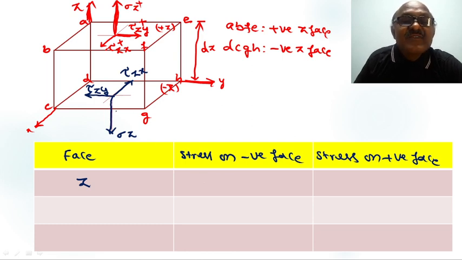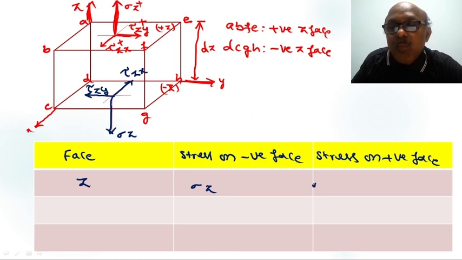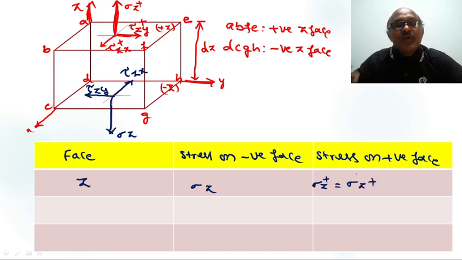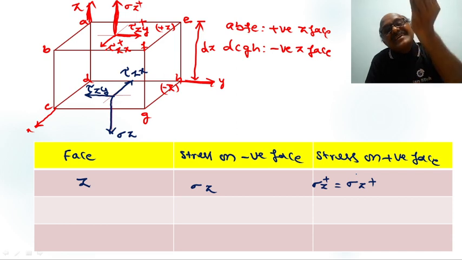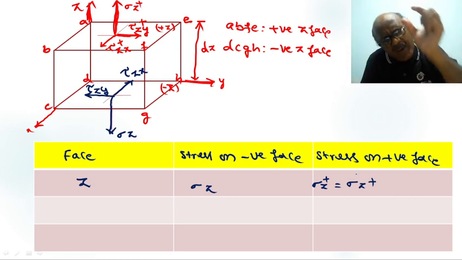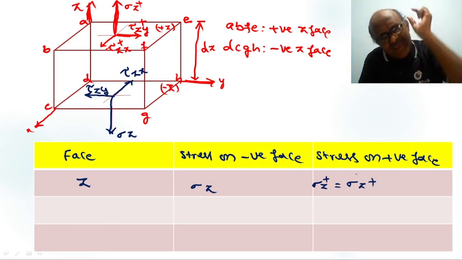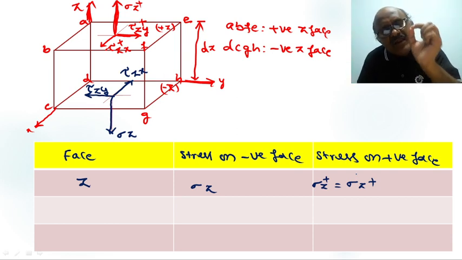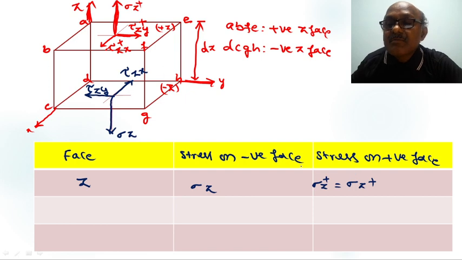This is the negative Z face, sigma Z. So what is the stress on the positive Z face? Sigma Z plus is equal to sigma Z plus the change when passing through the distance dz. The change per unit distance is dou by dou Z of sigma Z, so for dz distance, dou by dou Z of sigma Z into dz.